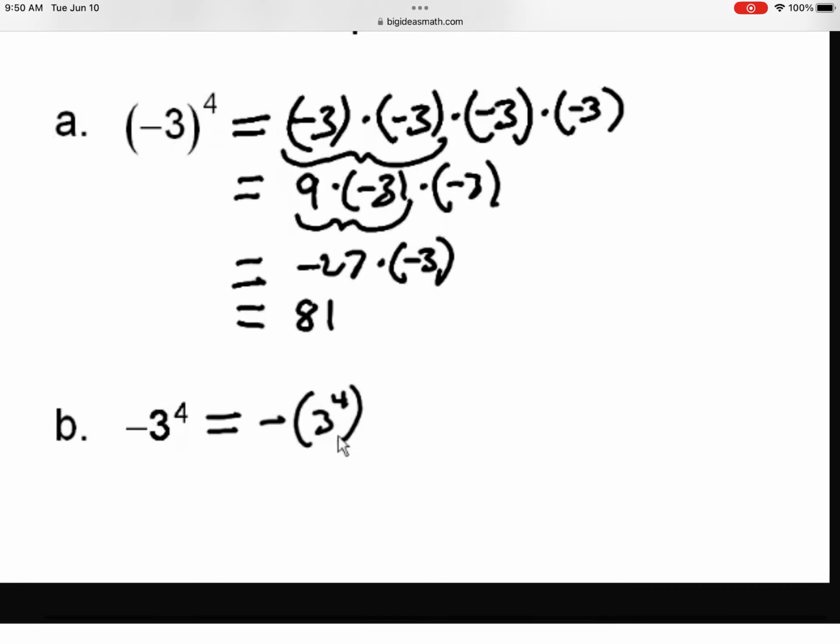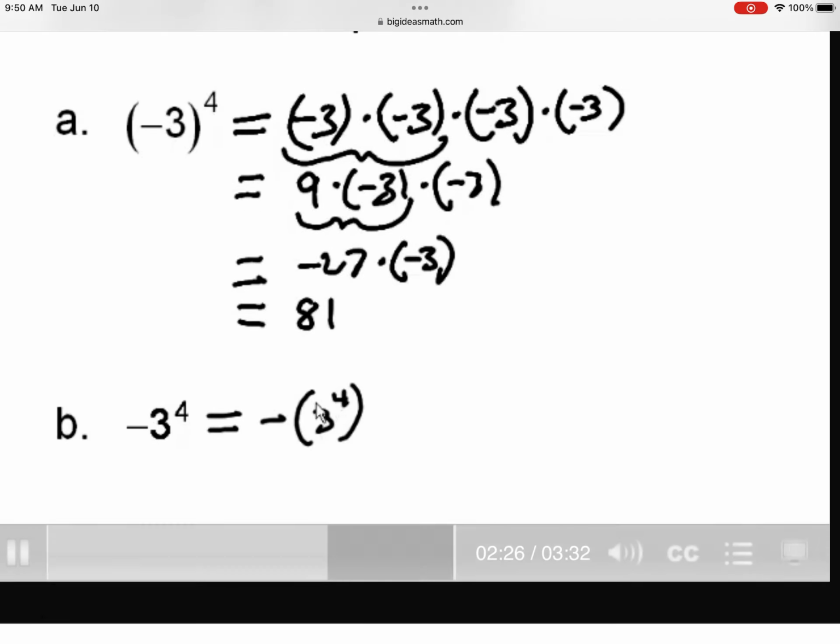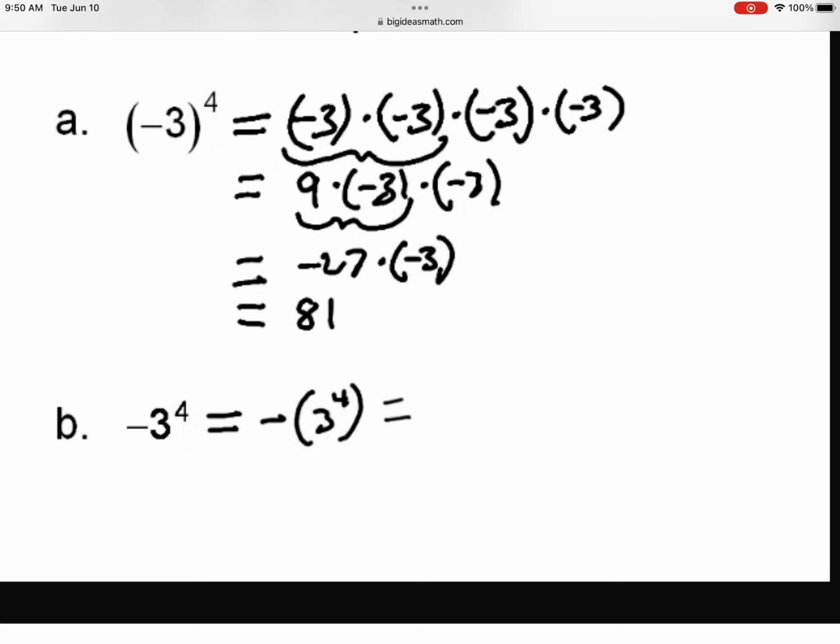So we can evaluate this expression by writing 3 to the fourth power as a product of repeated factors and then dealing with a negative sign after we multiply. So let's write that as a product of repeated factors. Negative 3 times 3 times 3 times 3.